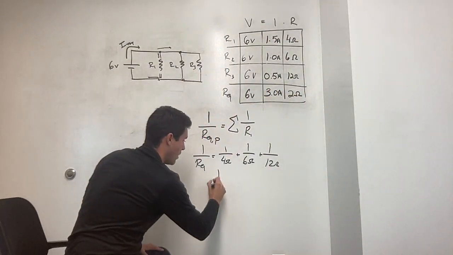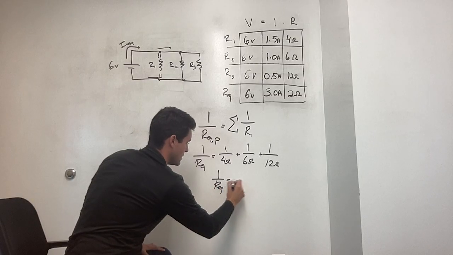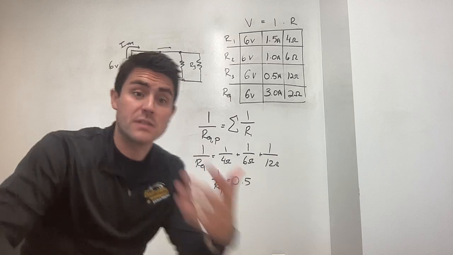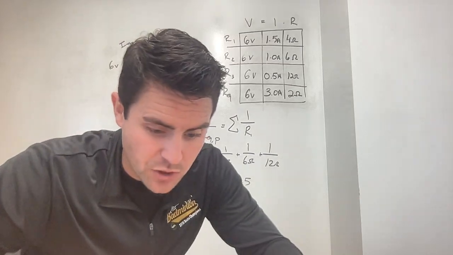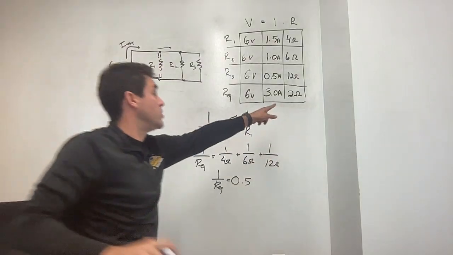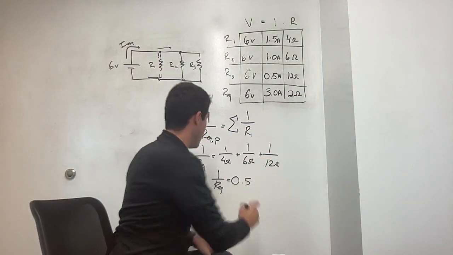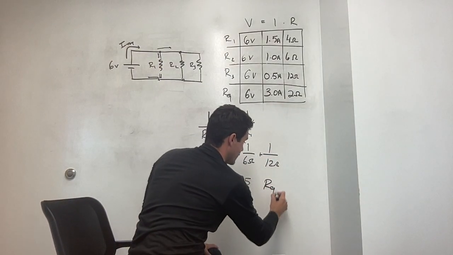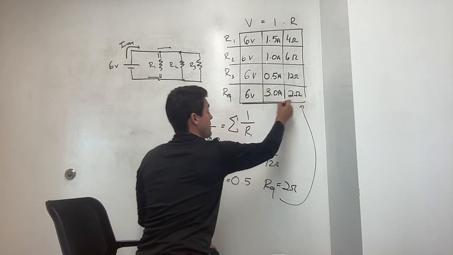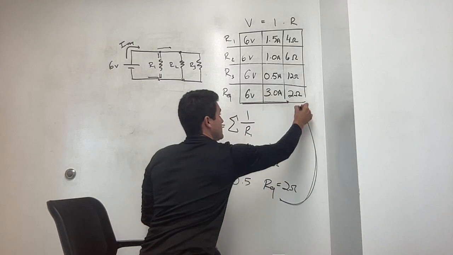Remember, 1 over the equivalent resistance equals 0.5. I need the inverse of that. Well, what's the inverse of 0.5? Let's just double check. It ends up being 2, which is what I solved for using Ohm's law. This is a quick trick to test my answer. I use Ohm's law this way, I get 2. I use my equivalent resistance this way, I get 2.